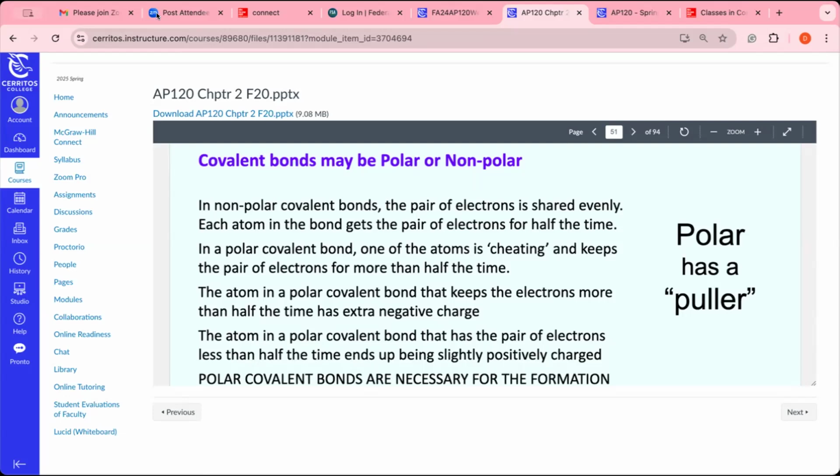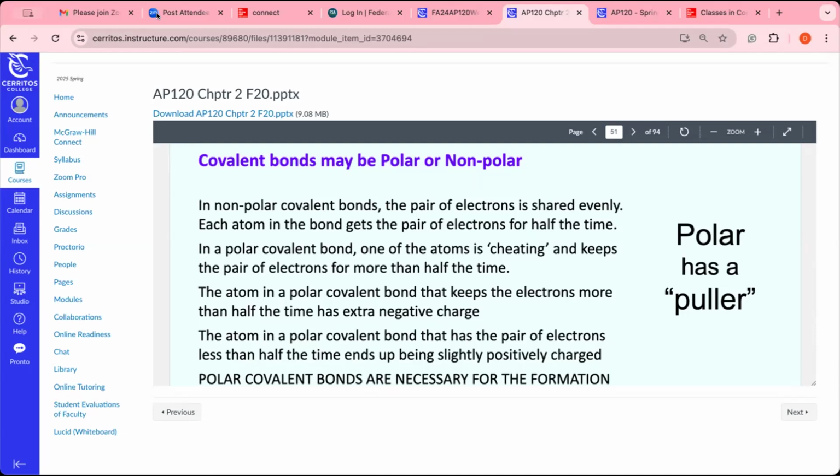The atom in a polar covalent bond that keeps the electrons more than half the time has extra negative charge. That polar covalent bond is polar because it's pulling on that other atom. It's pulling electrons, so it's pulling negative charge toward itself, so it has extra negatives.